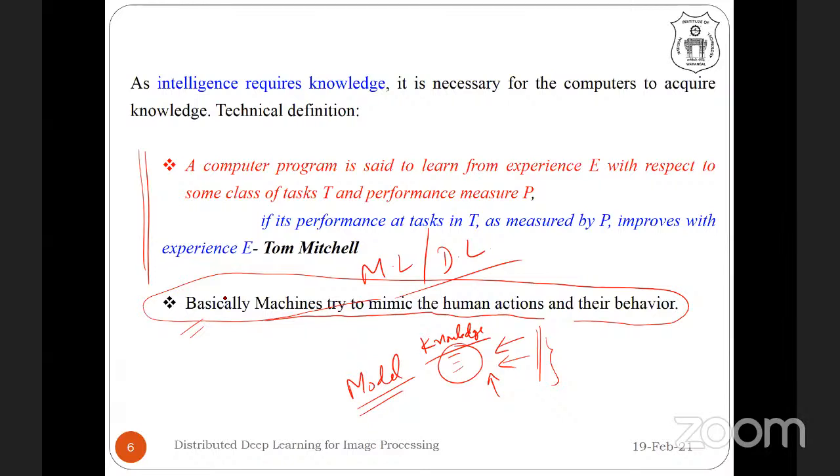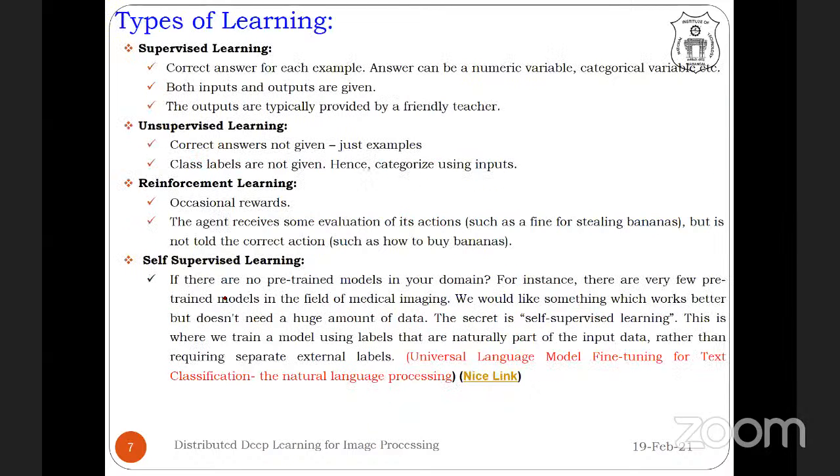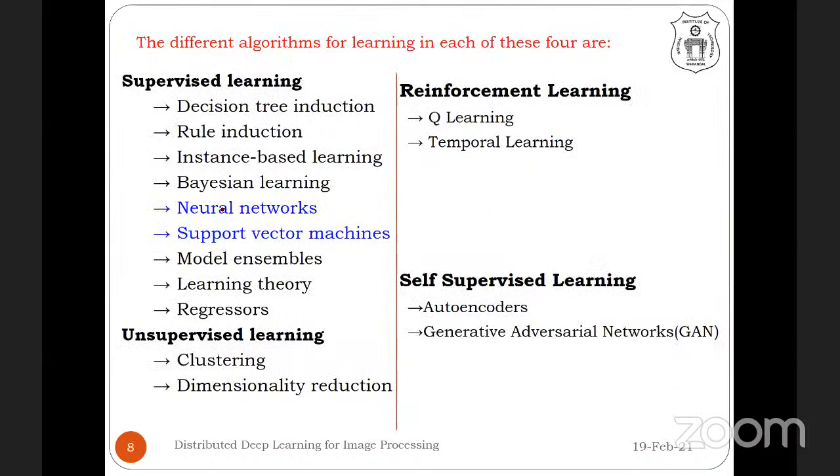With respect to deep learning, these are the different types of learning: supervised, unsupervised, reinforcement, and self-supervised learning. In these four kinds, different algorithms and aspects can be discussed. With respect to image processing, we concentrated only on neural networks, and how they are used for image processing in a distributed nature.